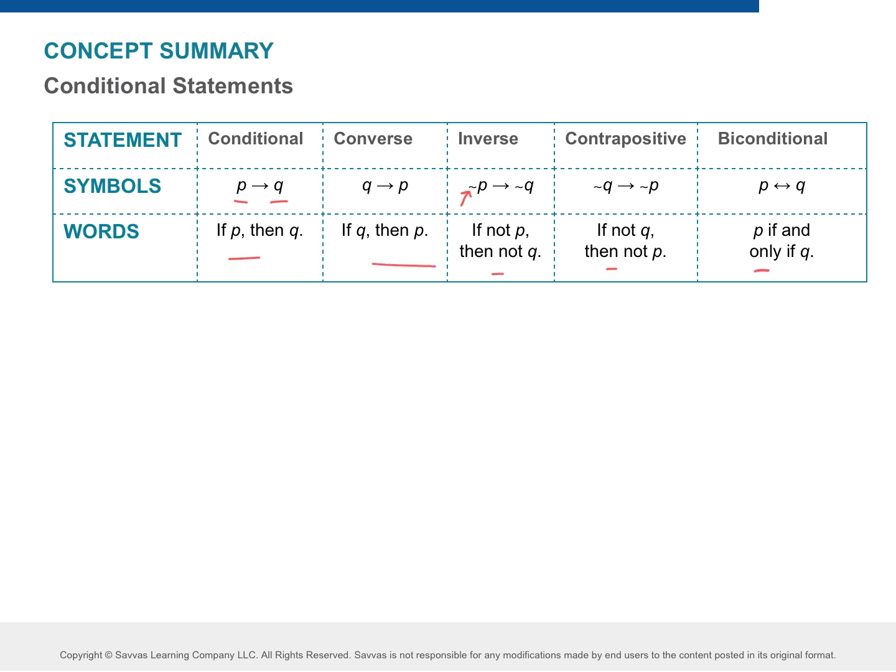Here's a little hint that first period came up with today, to remember what goes with what. From our original if-then statement, or our conditional, to the inverse, that's when you add not and you don't flip.